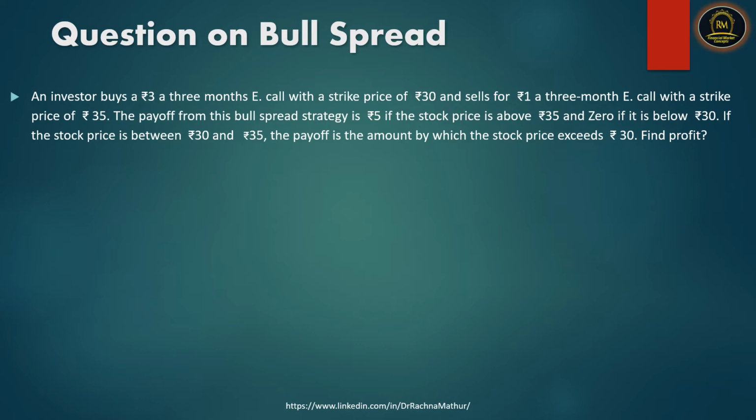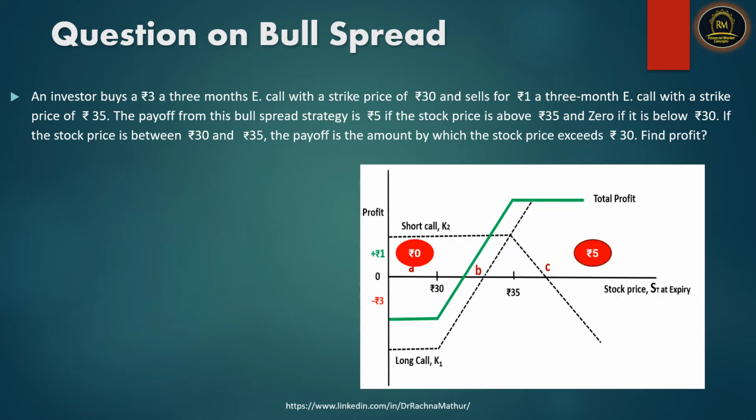Before making a spread, I request all of you to plot the strike prices and the option prices on the figure and then try to calculate the answer. Here the question says an investor buys a 3 rupee, 3 month European call with a strike price of rupees 30. So our first strike is rupees 30, at which we buy a long call by paying 3 rupees as an option premium.